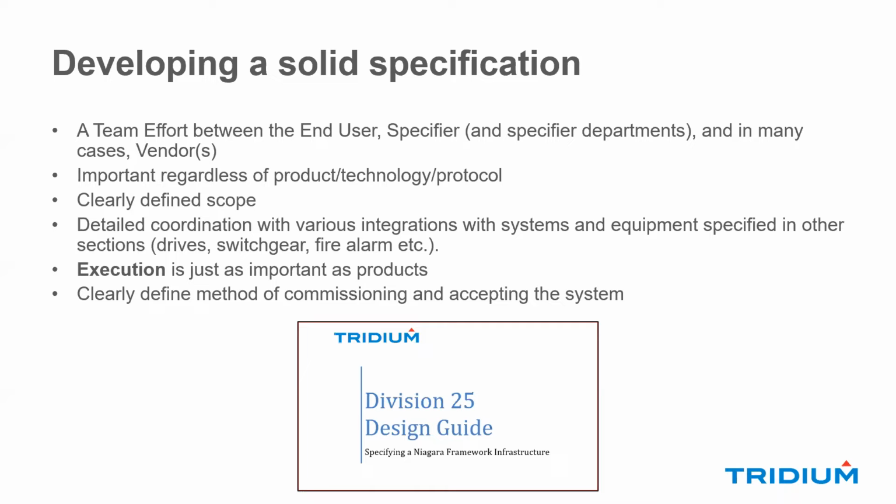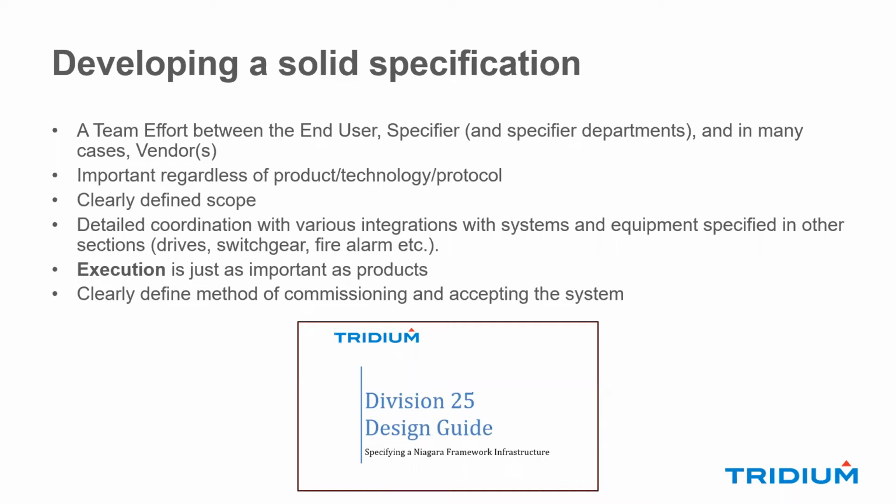And one thing about specifications that I think is very important: we spend a lot of time talking about products and specifications, but in many cases, the execution doesn't cover all the details that it should. So I'm going to cover that in a little more detail today: once we have the project and the product specified, how do we go about executing a good project, and how should that be specified?